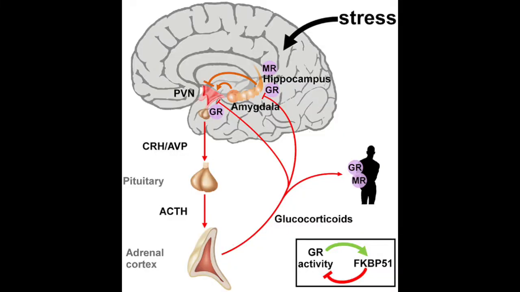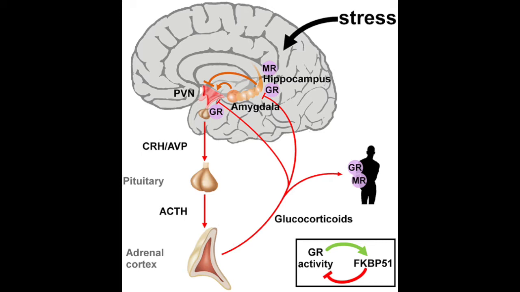The amygdala, bed nucleus of the stria terminalis, and prefrontal cortex are involved in carrying information about psychological stressors through the multisynaptic inputs.